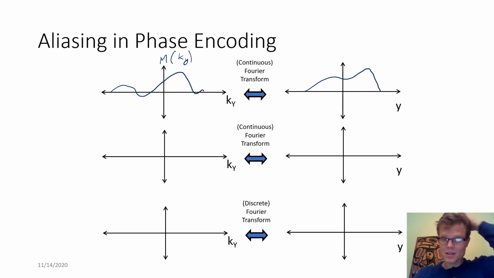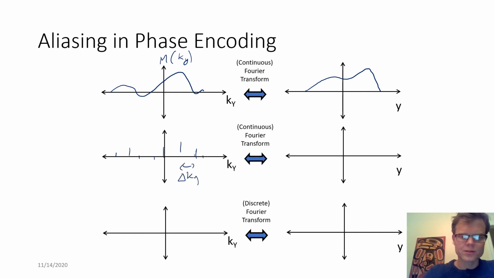It looks something like this. And if we make the mistake of choosing our delta ky sampling to be too broad, let's illustrate what's going to happen.